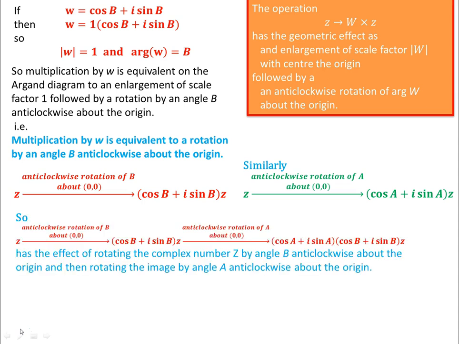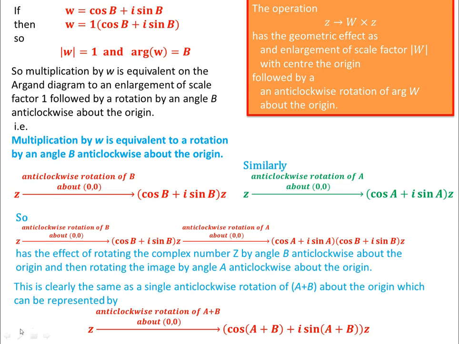Now consider what happens if I first of all multiply z by cos b plus i sin b, and then multiply the answer by cos A plus i sin A. So the first multiplication gives me an anticlockwise rotation of angle B. The second multiplication gives me an anticlockwise rotation of angle A. So altogether, that must be the same thing as doing a single anticlockwise rotation of angle A plus B. But we know that that can be represented by simply multiplying z by cos of A plus B plus i sin of A plus B.